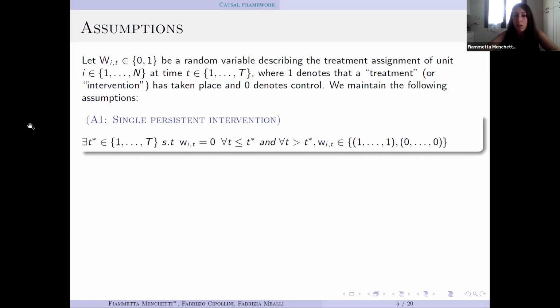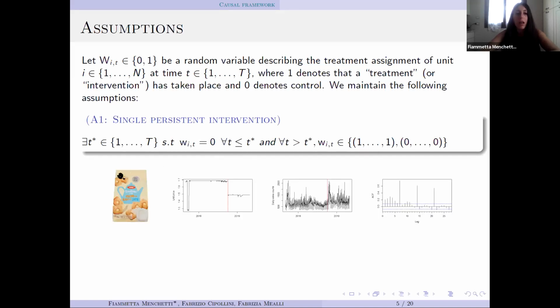The single persistent intervention assumption: every unit in our empirical application will be subject to a single persistent intervention, which is simultaneously applied on all units at time point t star, such that all units are subject to control before t star, whereas after t star, they can either be always treated or always assigned to control. As a matter of fact, they will be treated. In particular, the observed series will be the treated series for every one of them.